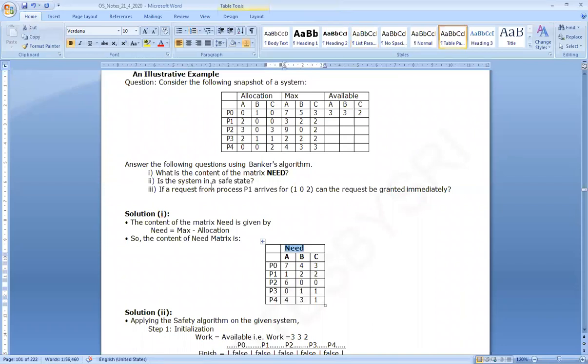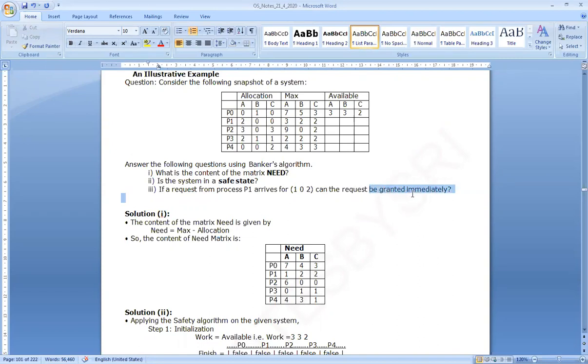Then, is the system in a safe state? That also we should understand. Next, if a request from process P1 arrives for (1, 0, 2), can the request be granted immediately?